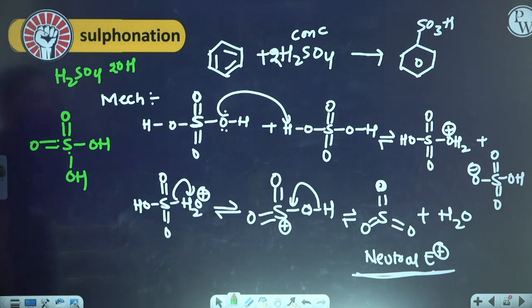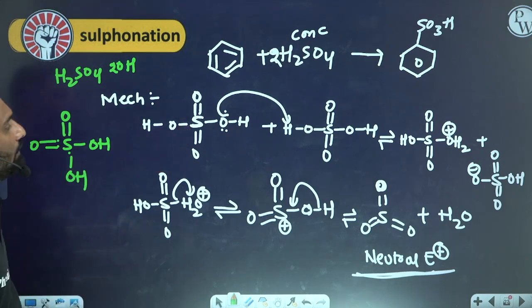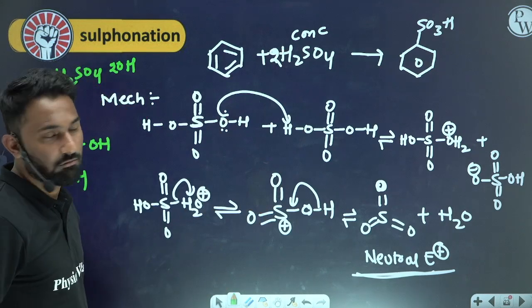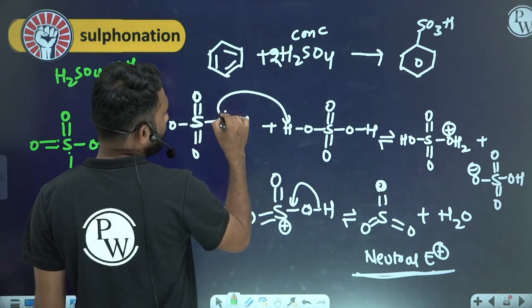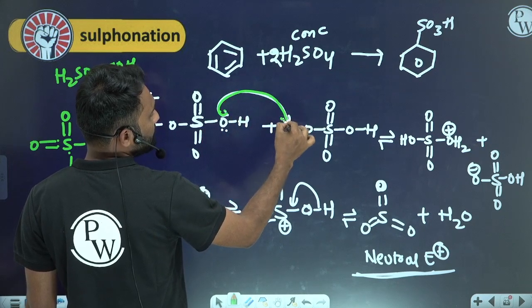Clear? Now here, this H2SO4 readily gives H plus. Due to the lone pair of electrons, oxygen will directly abstract this acidic hydrogen.